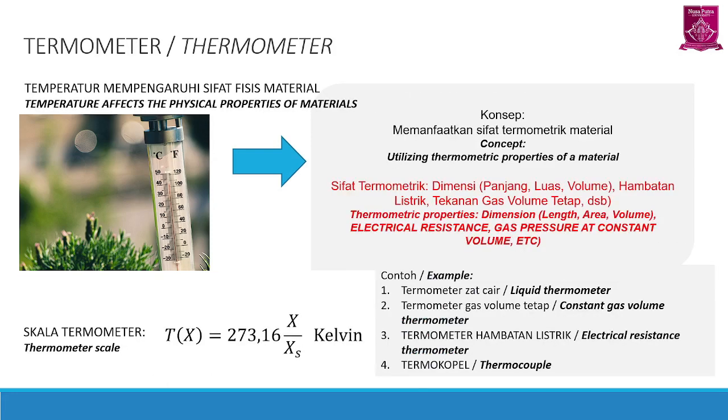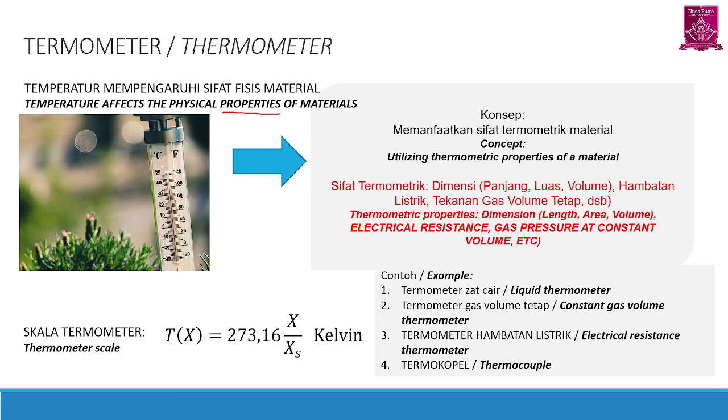Now, for a thermometer, we can use some thermometric properties. The temperature itself can affect the physical properties of materials. So these properties will be utilized for the concept of the thermometer.